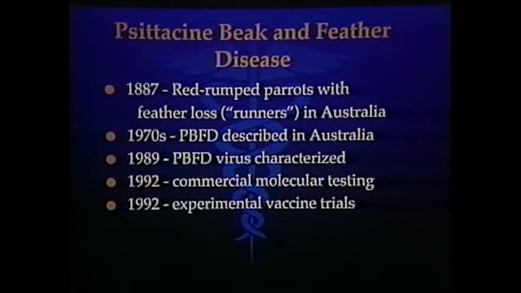By 1992, experimental vaccine trials had been done at the University of Georgia using an inactivated psittacine circovirus vaccine, but some vaccine breaks were experienced because the virus is small, environmentally stable, and very difficult to inactivate.